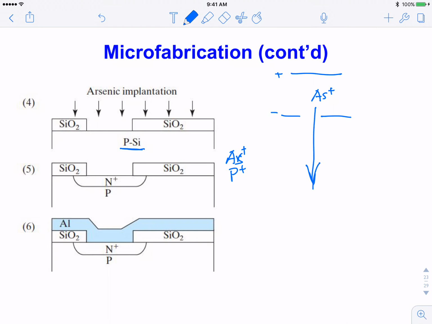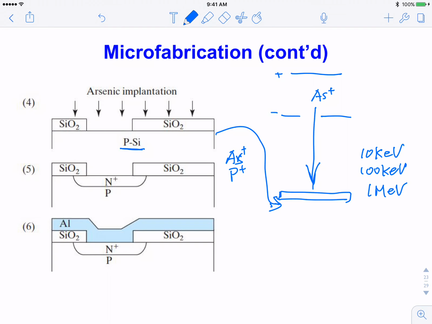So you shoot out these impurity at very high energy. How high energy? Well, you shoot it into this wafer here. You shoot it with energy, typically ranges from tens of kilo electron volt to very high energy one that reaches 100 kilo electron volt. Some unique processes sometimes use 1 million electron volt, 1 mega electron volt, if you want to go really deep.